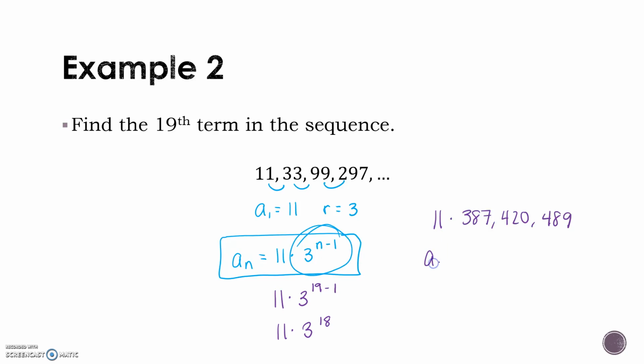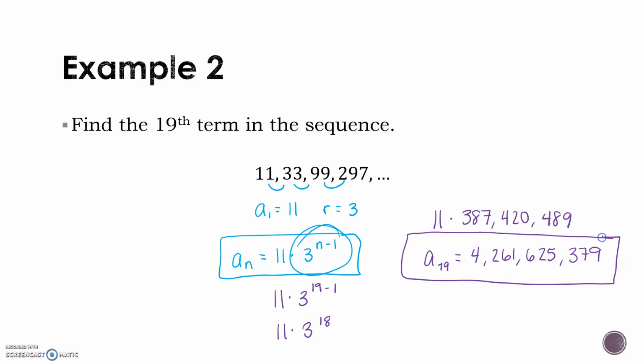So a sub 19 is equal to 4,261,625,379. And this just shows how powerful geometric sequences are. They grow at such a faster rate. They grow at an exponential rate, actually, instead of a linear rate.